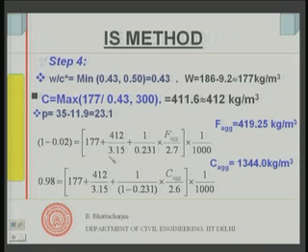Making the calculation, I take 0.98 minus this quantity, which comes out to be about 0.672 or something, 0.98 multiplied by 1000.